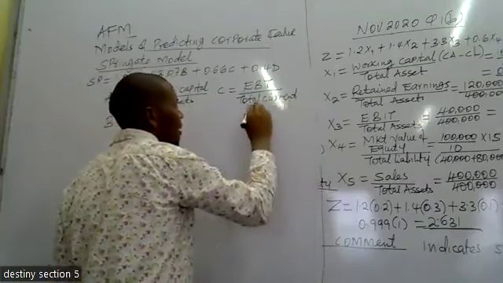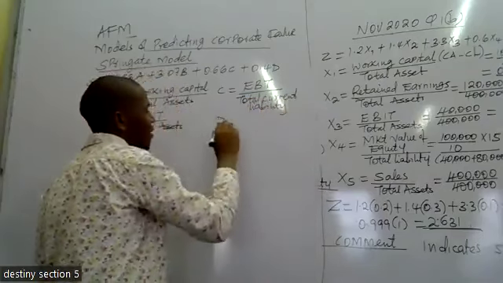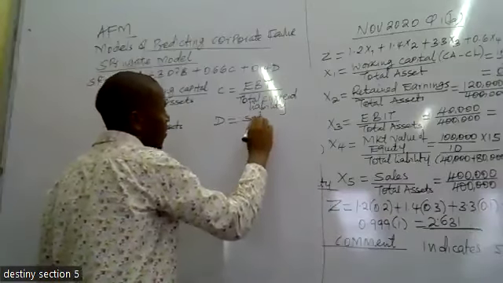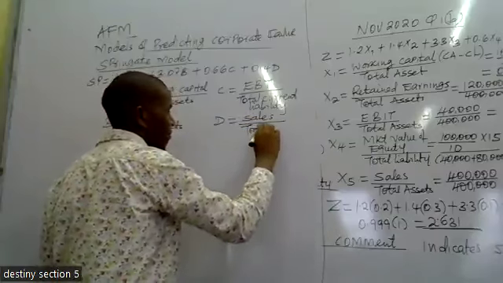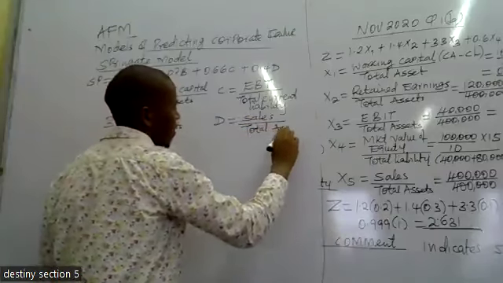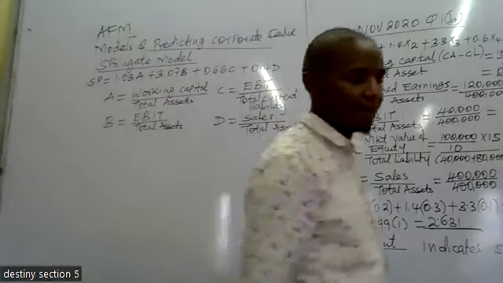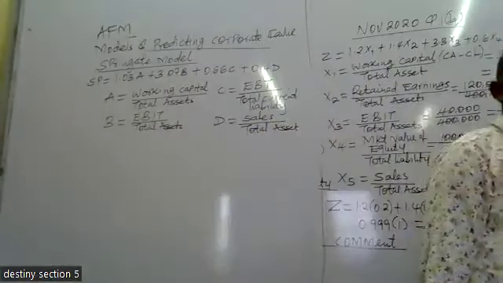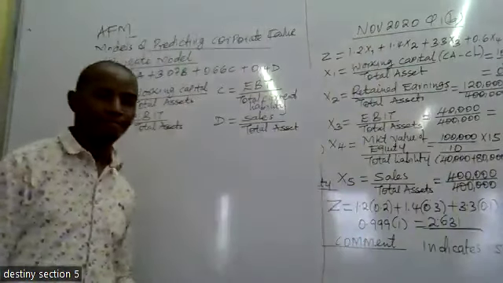And for D, it will be sales over the total assets.